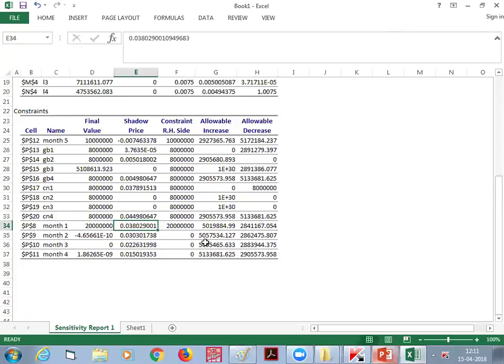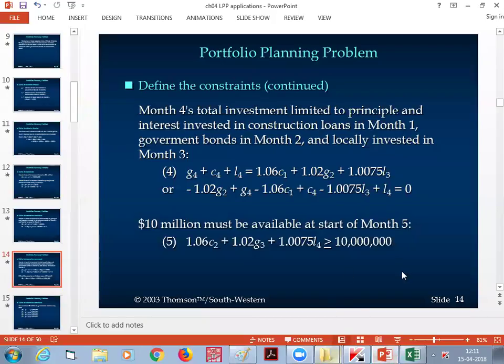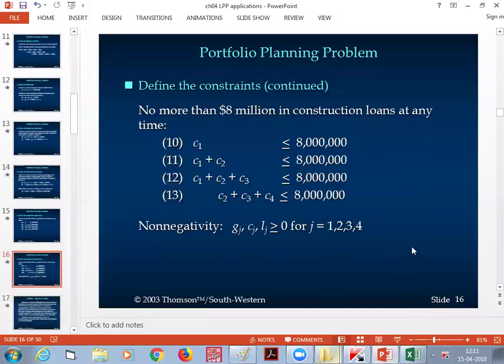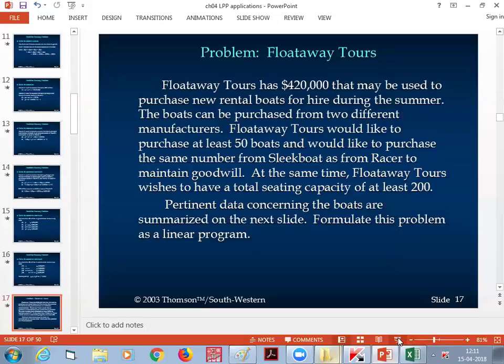If we didn't require that much, we could increase the interest because we'd keep the money in local loan rather than in government bonds or construction. So that's the main thing. All that is quite interesting. This is a bond portfolio problem.